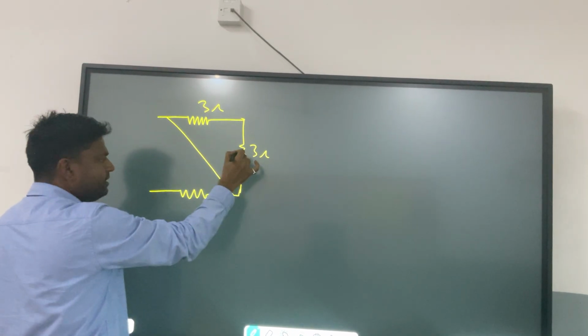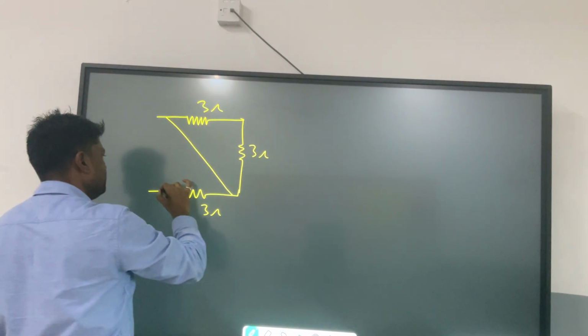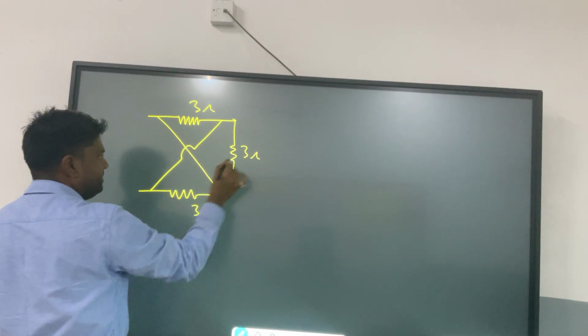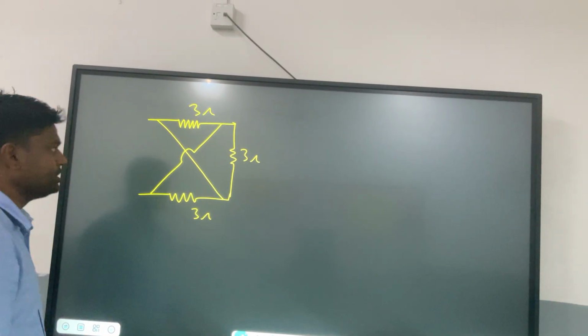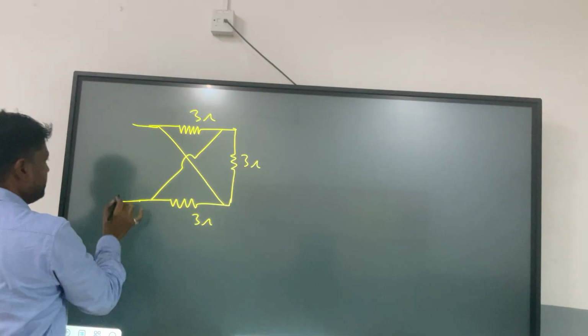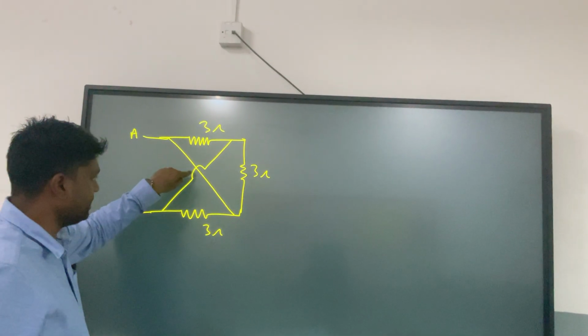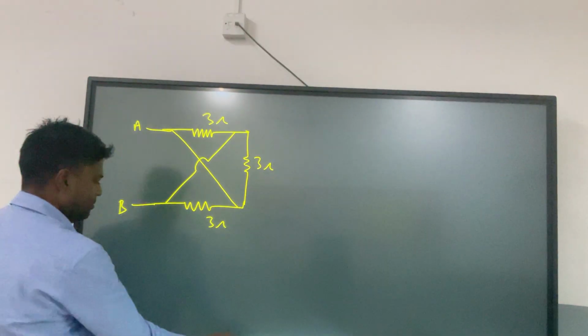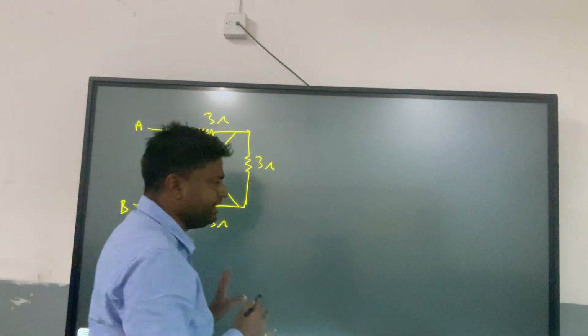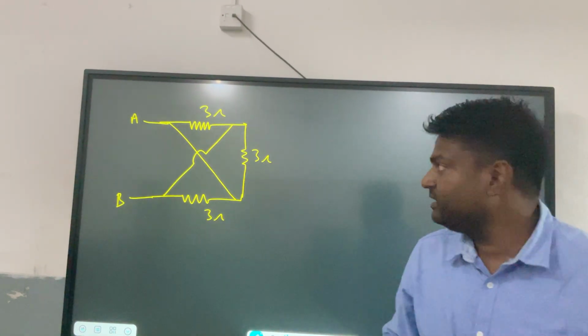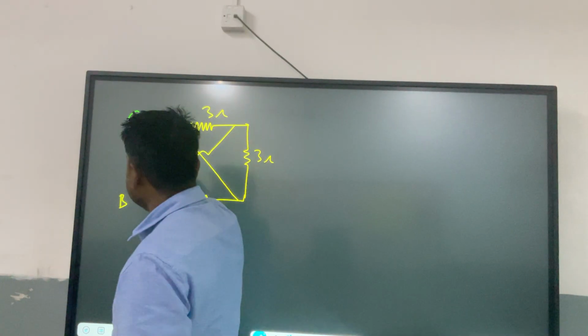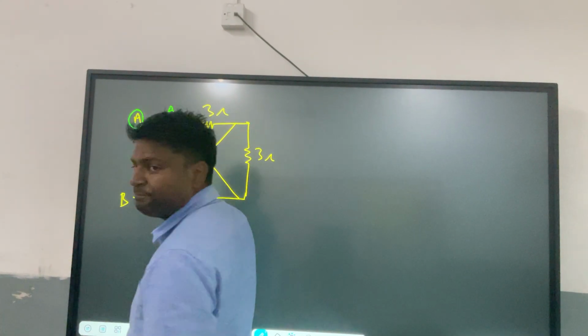In between these 3 and 3, there is a cross arm. In between this and 3, again there is a cross arm, like a short. Now, this node is A, this is B, and this cross arm is not any node, right? Now you can do this the same way as the previous method. This potential is A, so this potential should also be A.